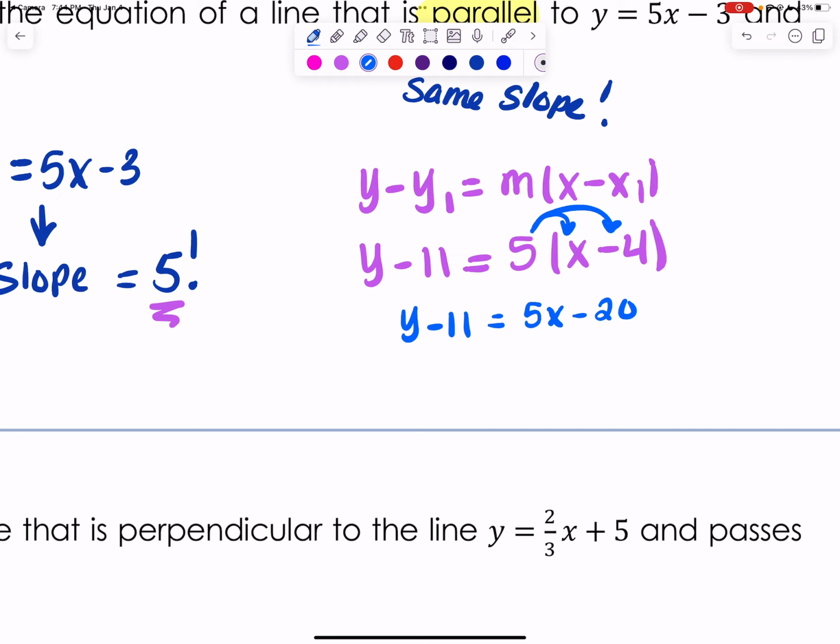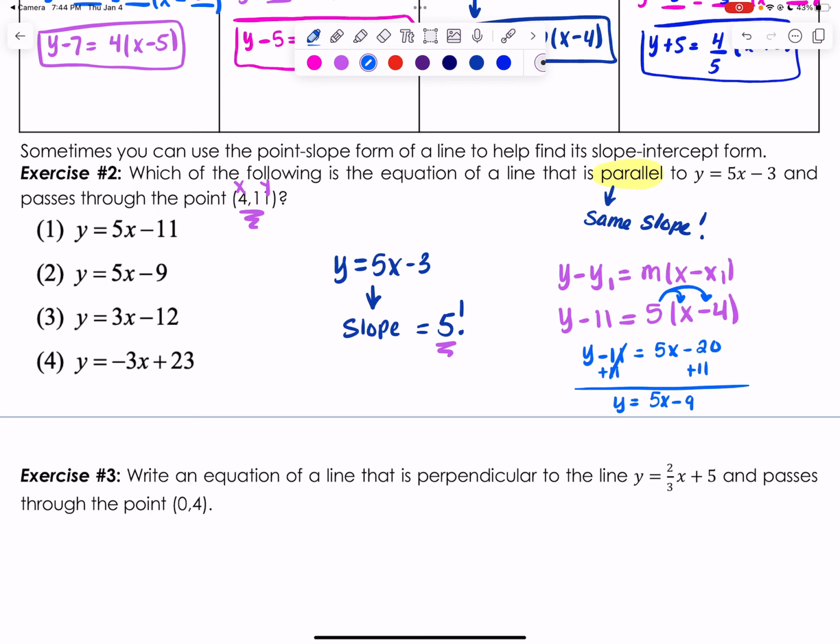And then if I want to get y by itself, I have to add 11 to both sides of my equation. -20 plus 11 is -9. So the equation of a line that's parallel to the equation they gave us and goes through the point 4, 11 is y equals 5x minus 9 for choice 2.